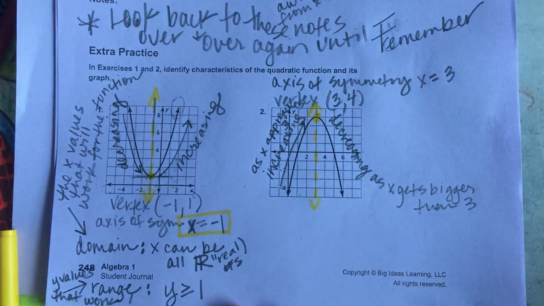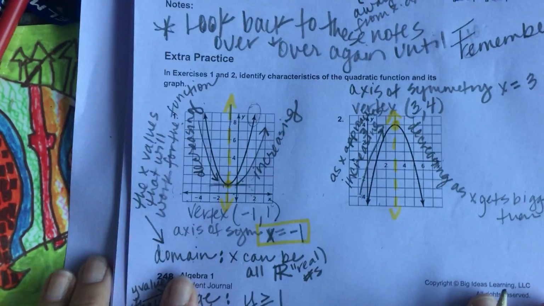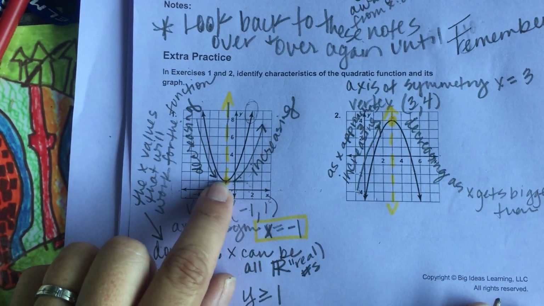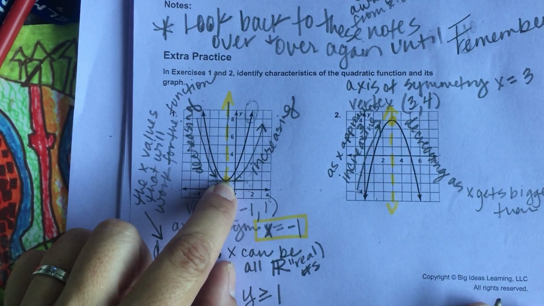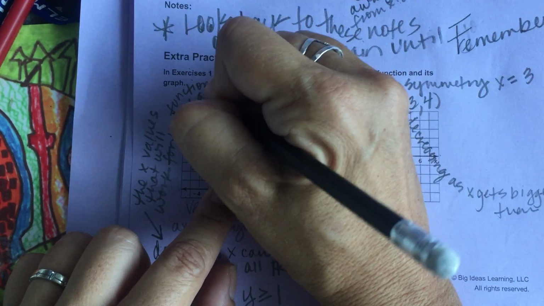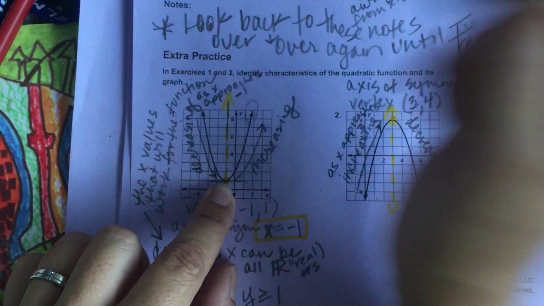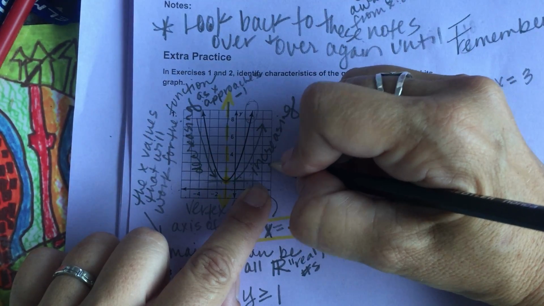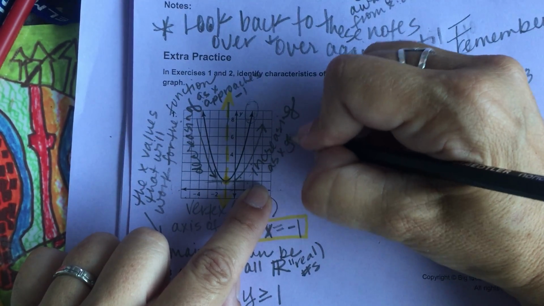And in all honesty, over on this first one, shouldn't I have been talking about how it approached -1? It was decreasing as x approaches -1. Increasing as x gets bigger than -1.